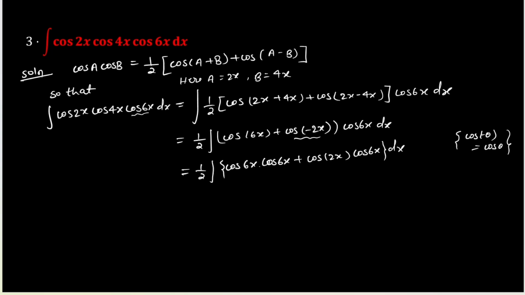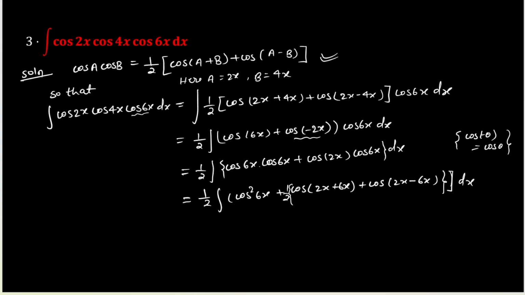Okay, so here you can get 1 by 2 integration of cos squared 6x, plus we also use the formula for cos 2x cos 6x, which gives 1 by 2 times cos(2x plus 6x) plus cos(2x minus 6x).